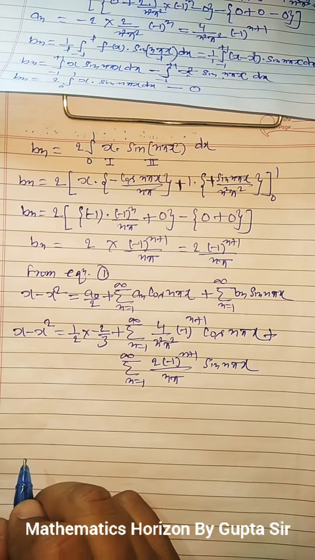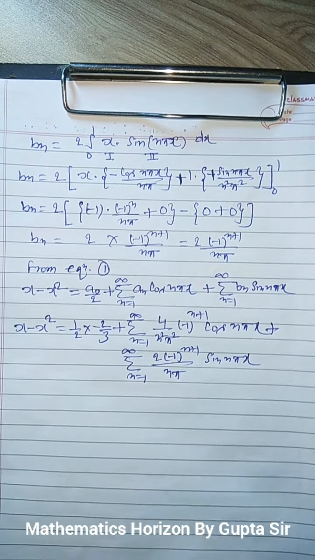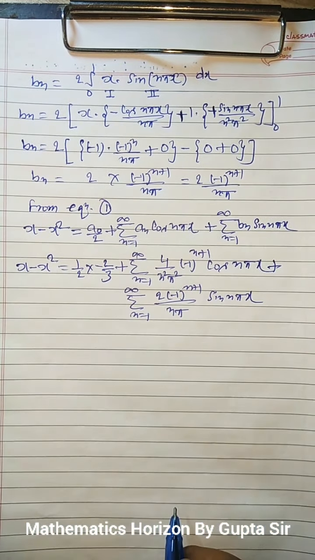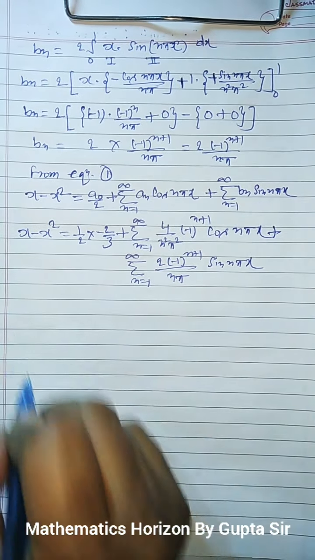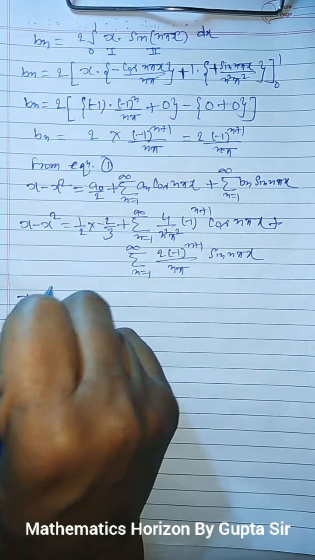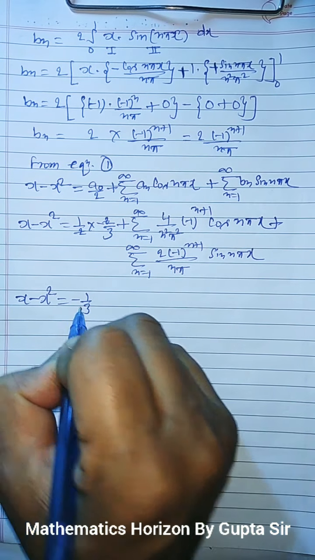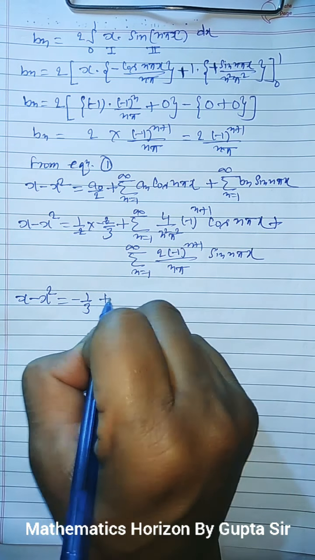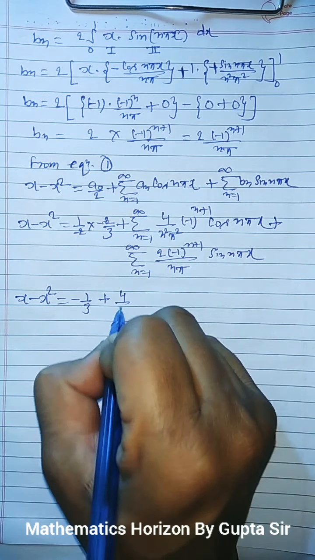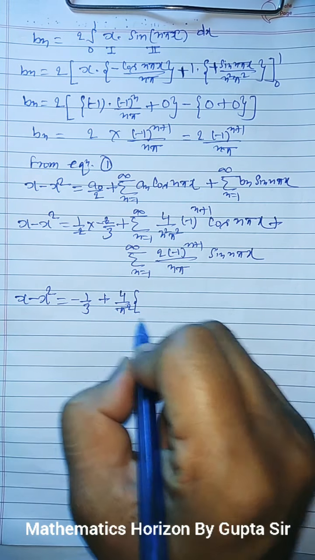Now we simplify this. That is, x minus x square equal to, this 2 cancels out, minus 1 by 3 plus 4 upon pi square. Now we open this.